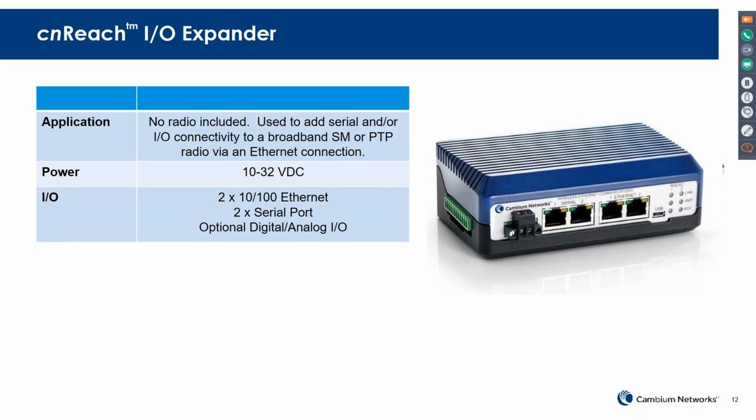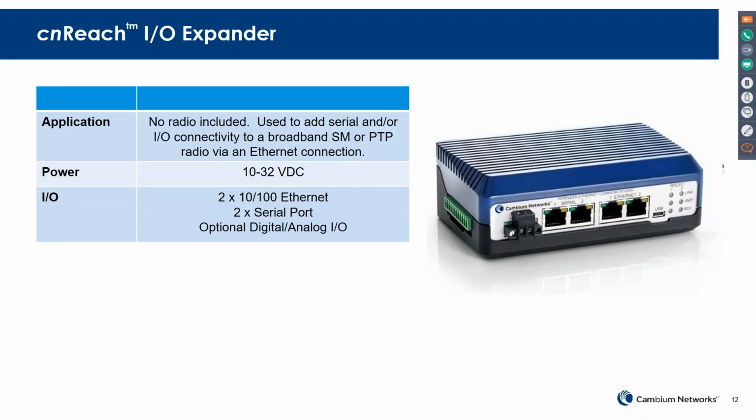The sole purpose of it is to provide serial to IP or IP to serial conversion, and also you can use it to connect your things to the digital and analog I/O port. You can connect your pumps and sensors to this green I/O port here.